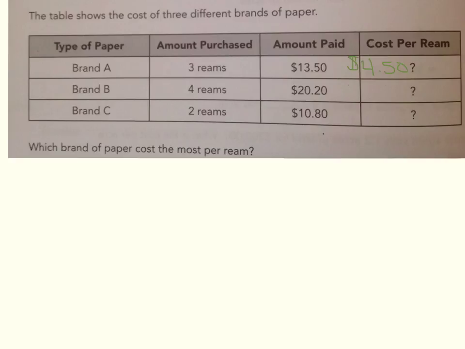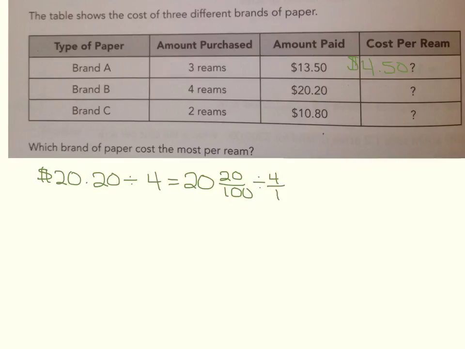Okay, so now let's do brand B. It says that they purchased 4 reams for $20.20. So we want to take the total amount that they paid, which was $20.20, and divide it by the total amount purchased, which is 4. So we have 20 and 20 hundredths divided by 4/1.